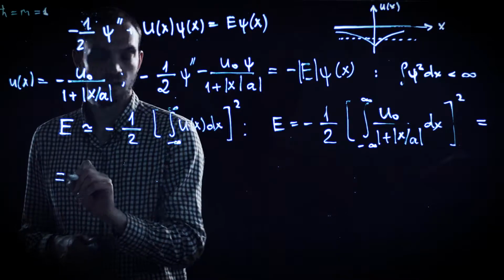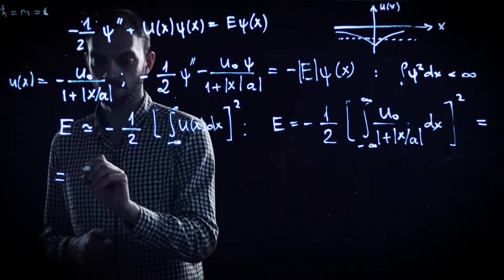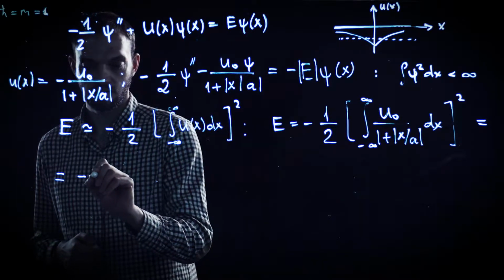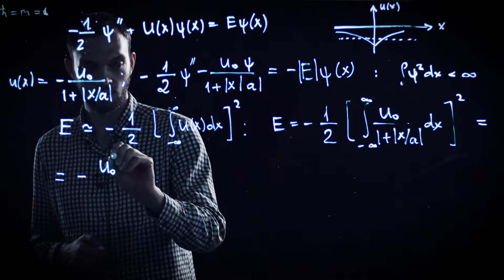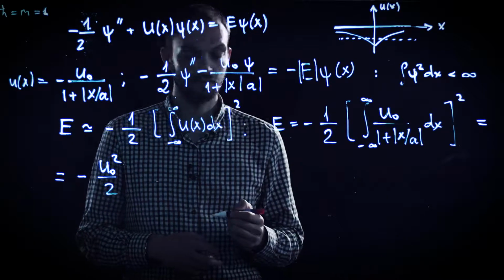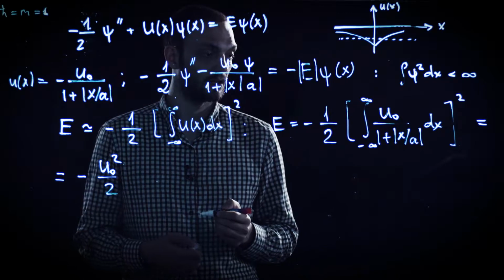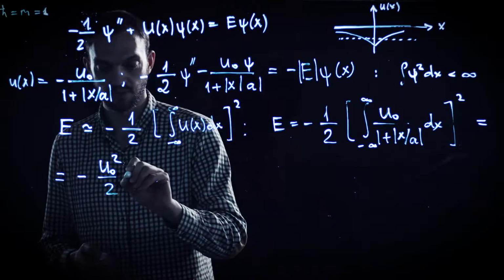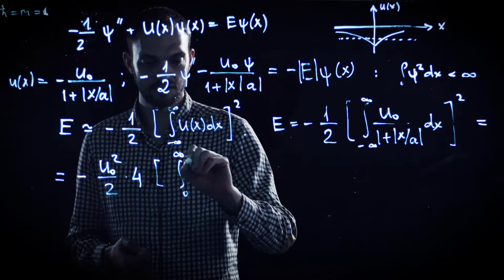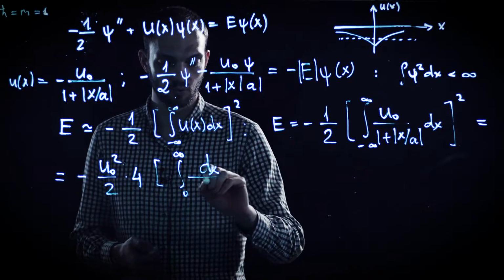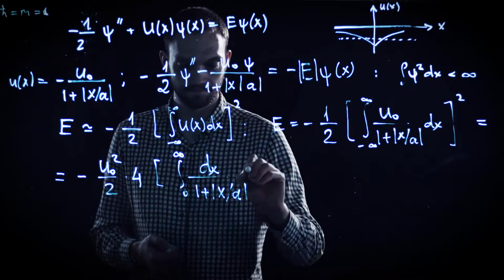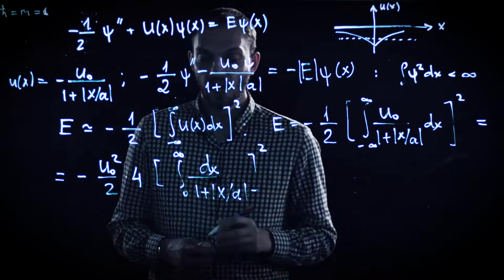So let us make some rearrangement of this equation, and more or less it is minus u naught squared over 2, and the integral is taken of an even function of coordinate, so it can be written as 4 integral from 0 to infinity dx over 1 plus modulus x over a, squared.